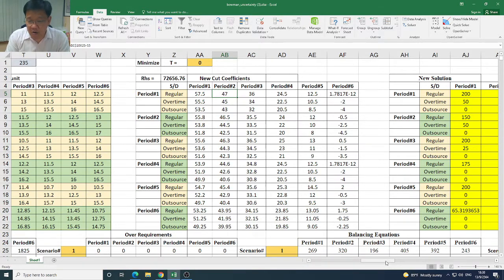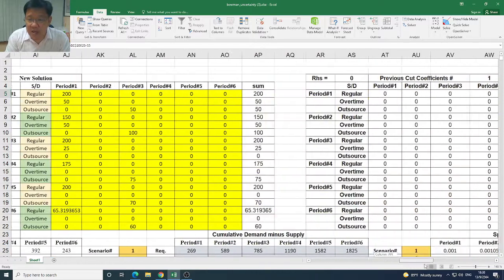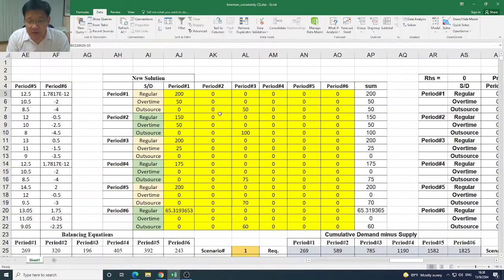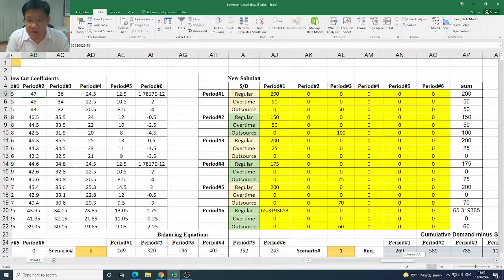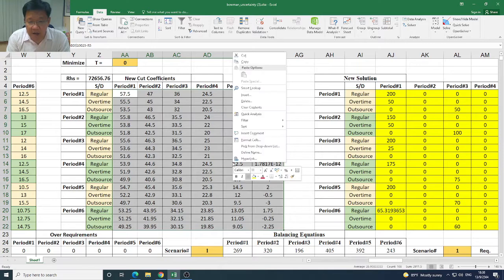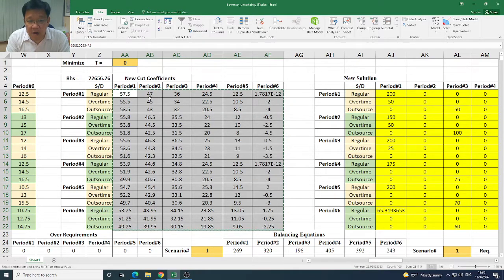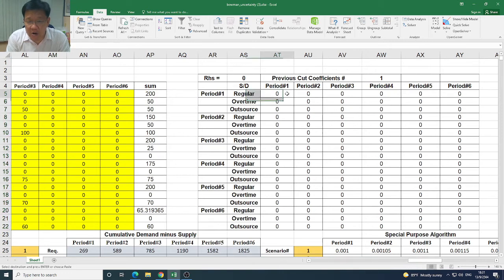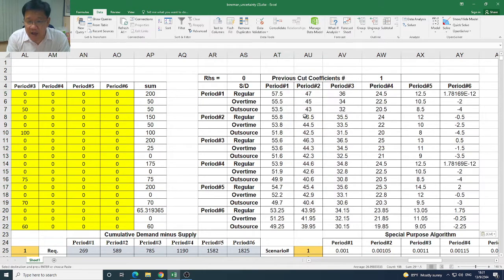So I'm going to reserve a space here for the previous cut coefficients. To replace this with the new solution found here, first make a copy of the old cut values and place them here, just using the values.